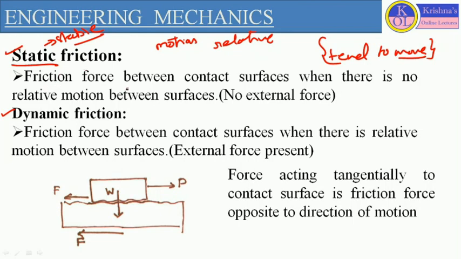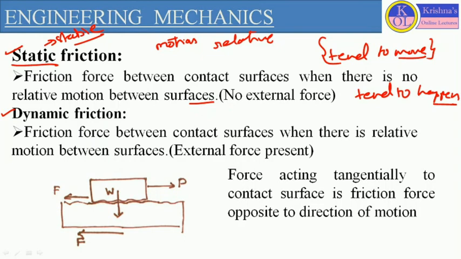So when friction force is present between the contact surfaces, and there is no relative motion between the surfaces, that particular friction we define as static friction. So static friction is the friction force between the contact surfaces when there is no relative motion between the surfaces, or when the motion tends to happen.